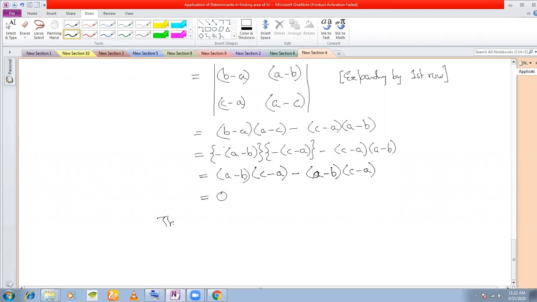This shows that the points A, B, and C are collinear. Okay, so this is what you have to do.